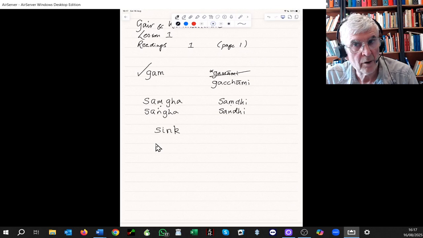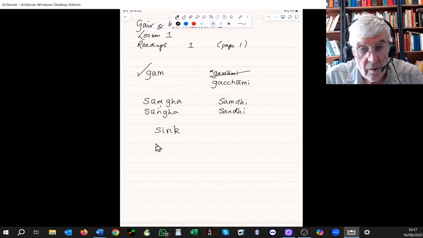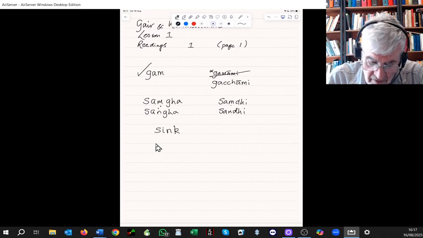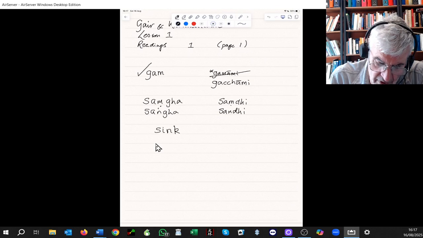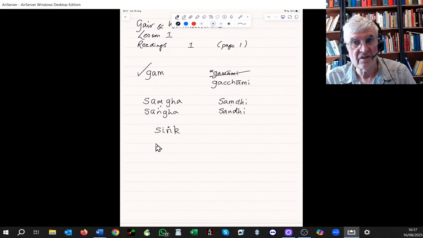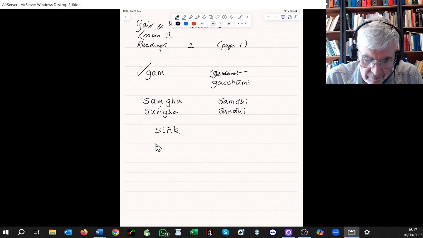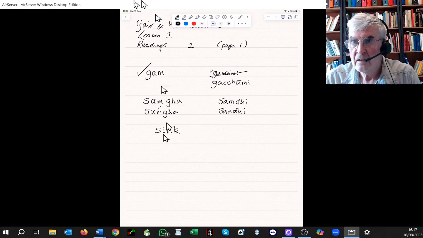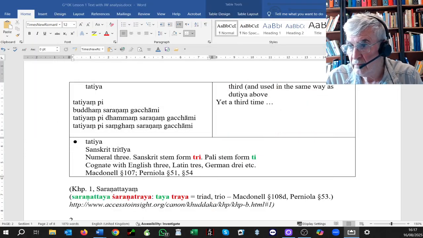So sink. We automatically do that as native English speakers. We don't change the consonant, we write it the same, but if we were writing that in Pali or Sanskrit, we'd write this n above it to show that it is a ng sound. Go back to where we were.